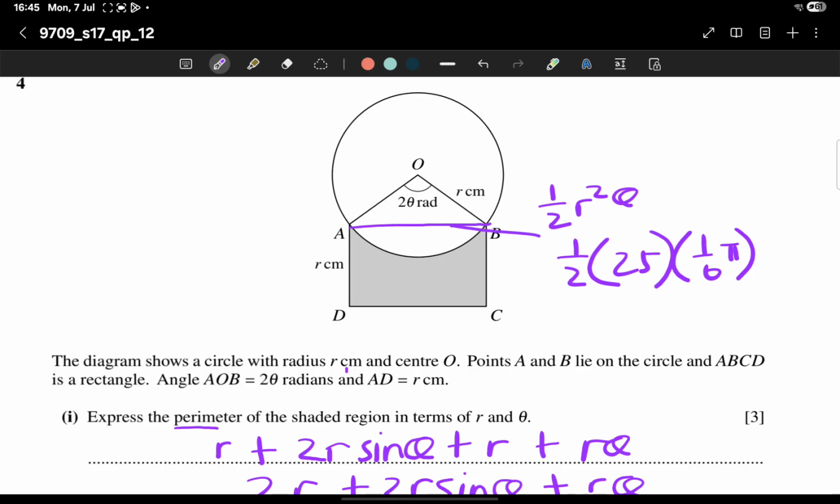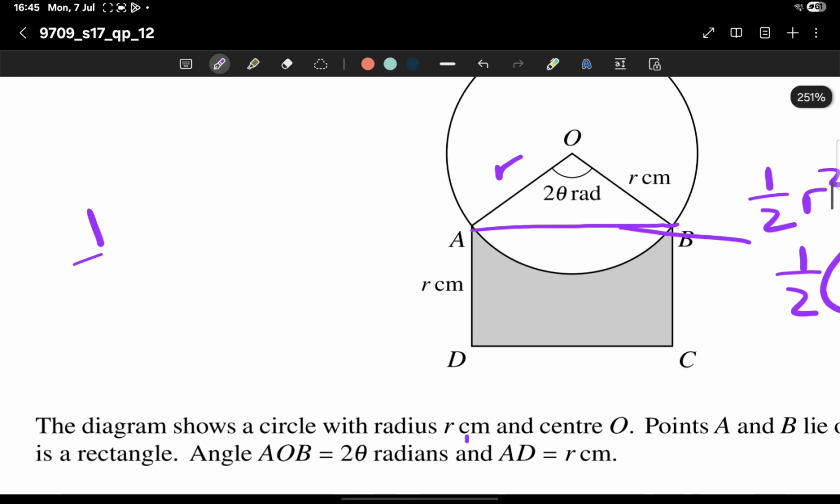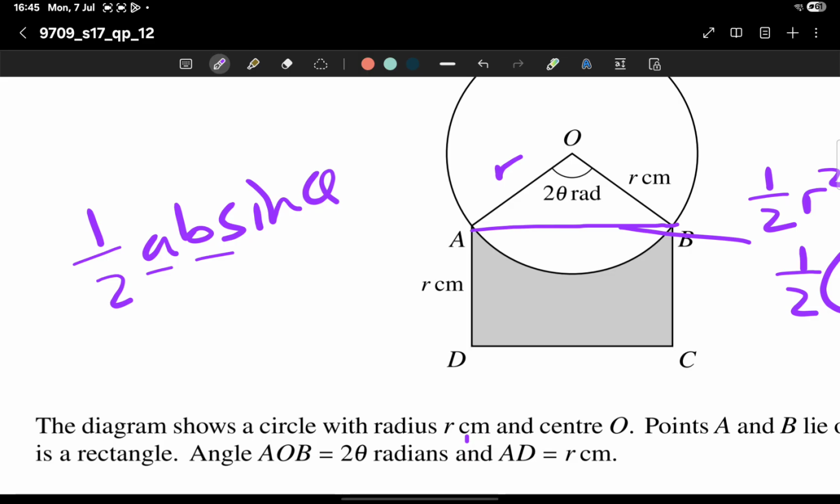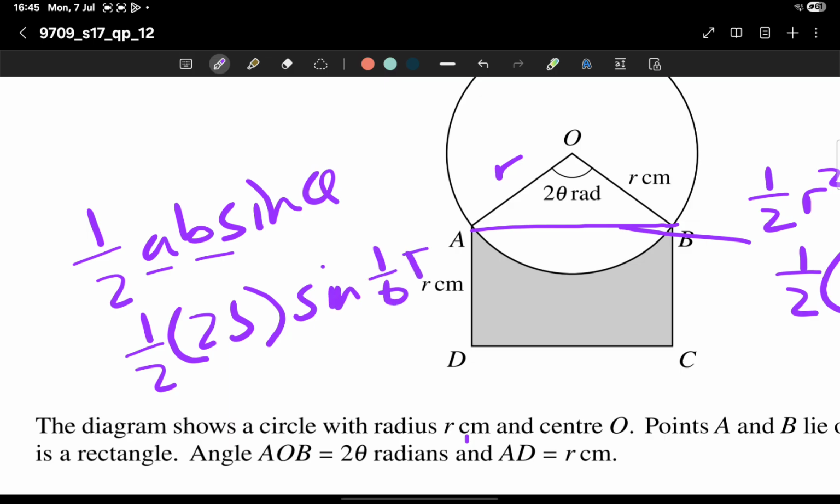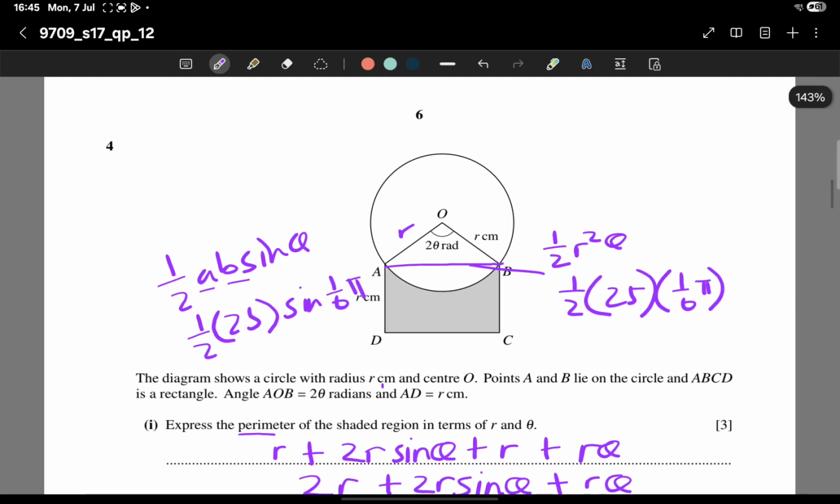And for the area of that triangle, we're going to use half AB sine theta, and our AO and BO are equal to 5, so it's half 25 sine 1 over 6 pi, right? Then we're going to say area of a sector minus area of the triangle to get this area. Then we're going to say area of rectangle minus that area that we're going to get from saying this minus this, and that should give us our answer.